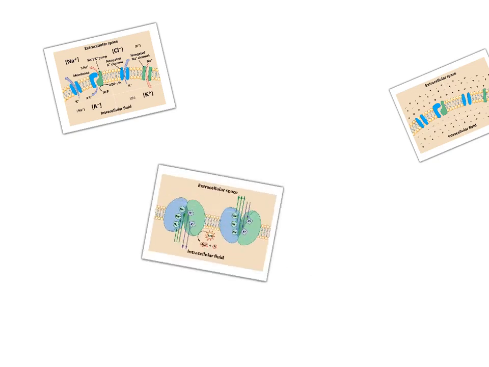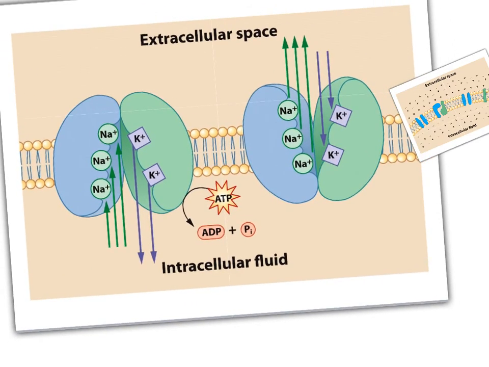So here you see it close up and personal. Again, intracellular fluid, extracellular space, 1, 2, 3 sodium ions, 2 potassium ions. ATP converts to ADP, releases energy, moving 2 potassium ions into the cell and moving 3 sodium ions outside of the cell.